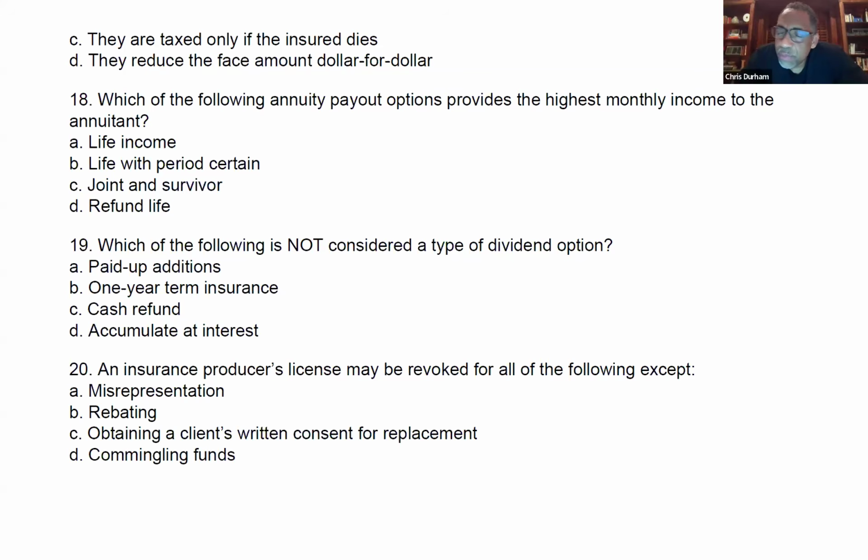So you just got to remember life income, big check, no Benny. Highest check, no beneficiary. That same question could have said, which one pays the highest monthly income and nothing to the beneficiary at the death of the annuitant? And the answer still would have been A.